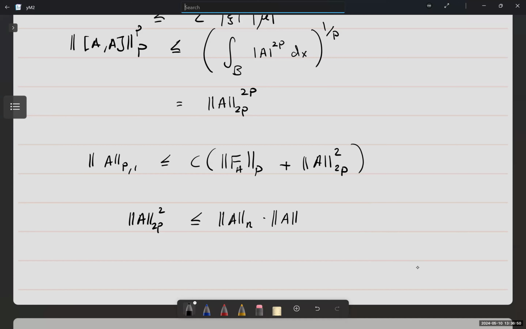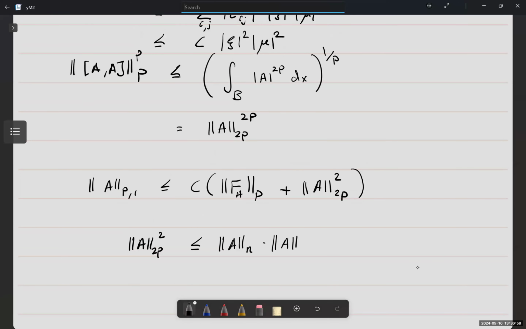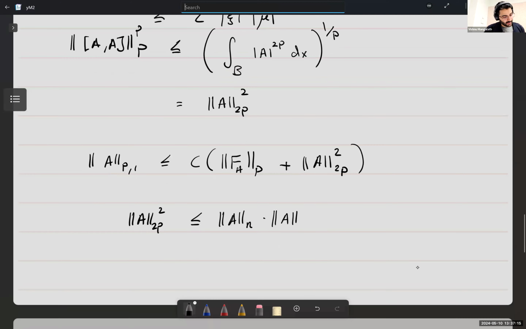I'd forgotten the definition of norms, but the third last line you corrected it to the 2p norm of A squared, and then you changed it back to 2p. I thought the squared looked right. Oh yeah, you're right. Yeah, it is squared. Yep, you're right. I just had it written slightly different in my notes, and when I was adjusting it, I didn't do it correctly.